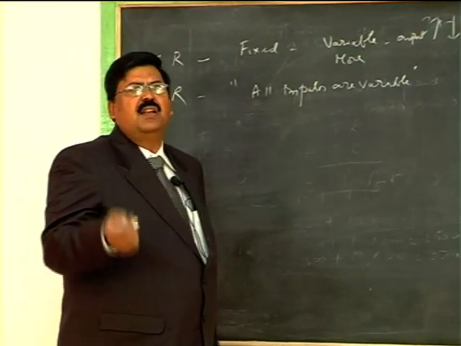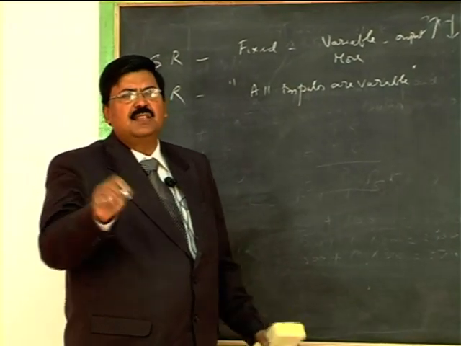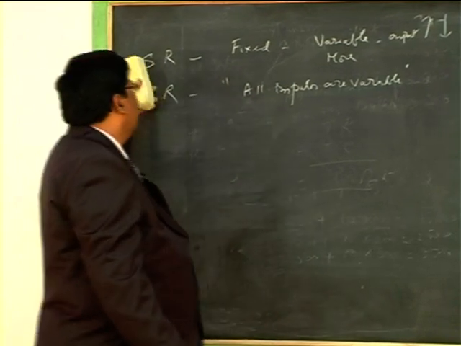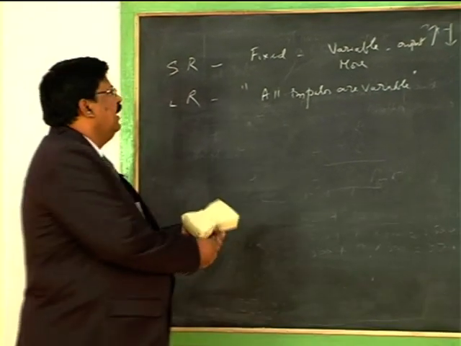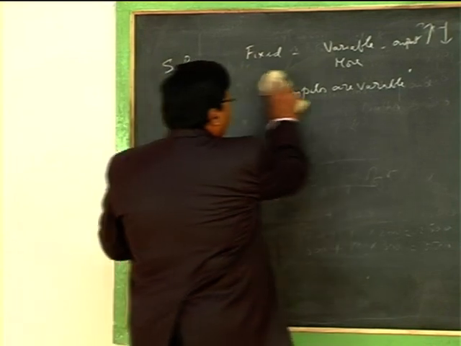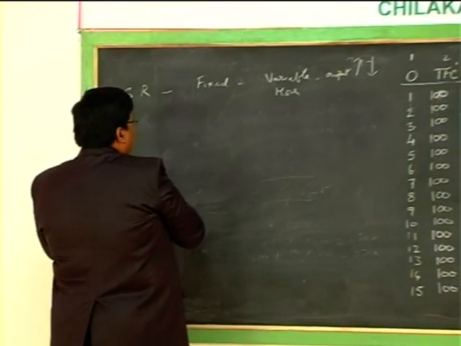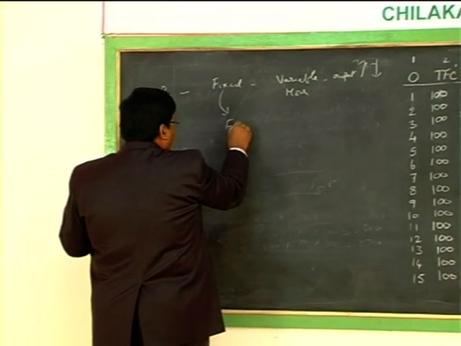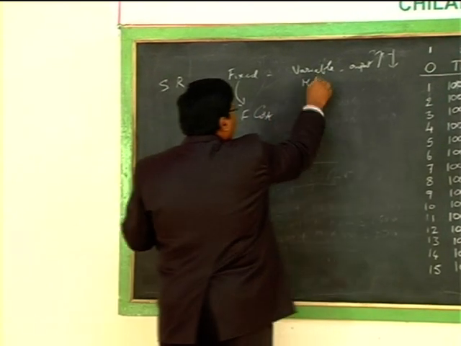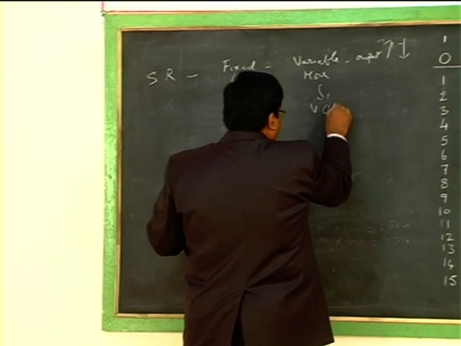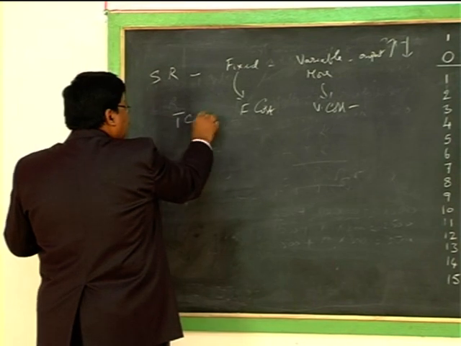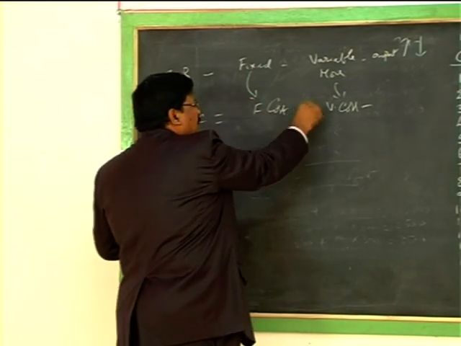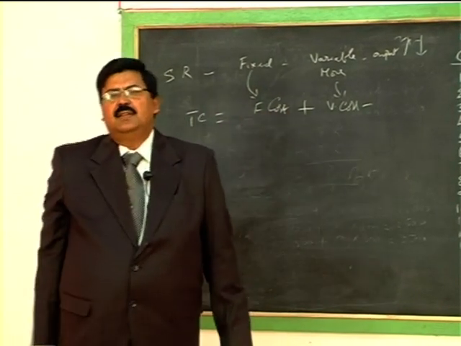The factory can be shut down. So these are some of the important aspects of both short run and long run. So corollary to this, fixed inputs give rise to fixed cost, and variable inputs give rise to variable cost. And the total cost is equal to the sum of fixed cost plus variable cost.